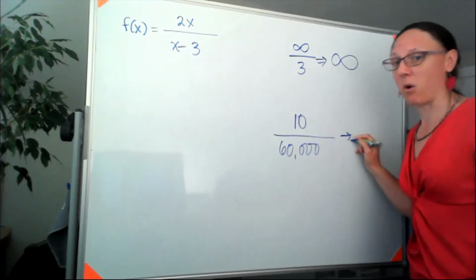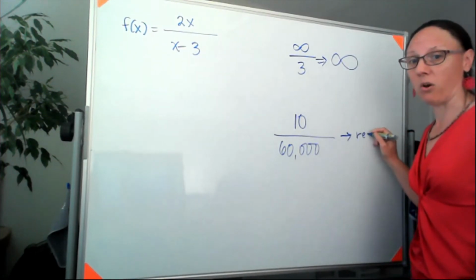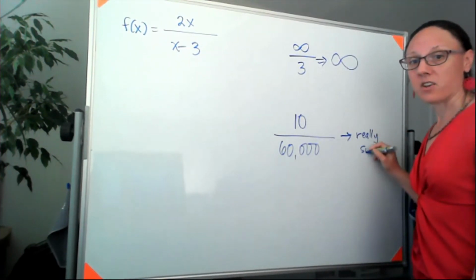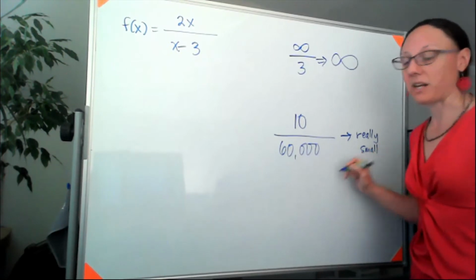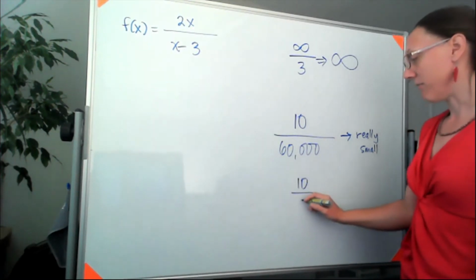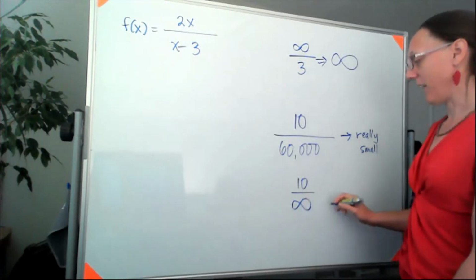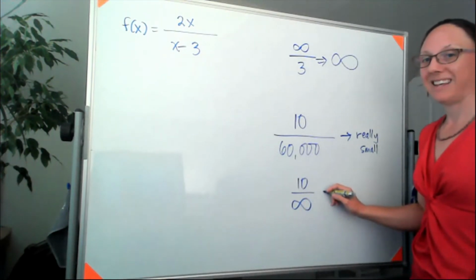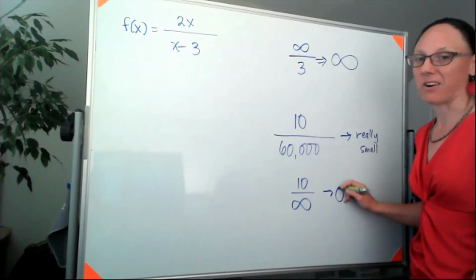It's a very small number, really small. Sorry guys, I don't have all the money. But in this limit, if I have 10 divided by a really huge number, this is going to 0.